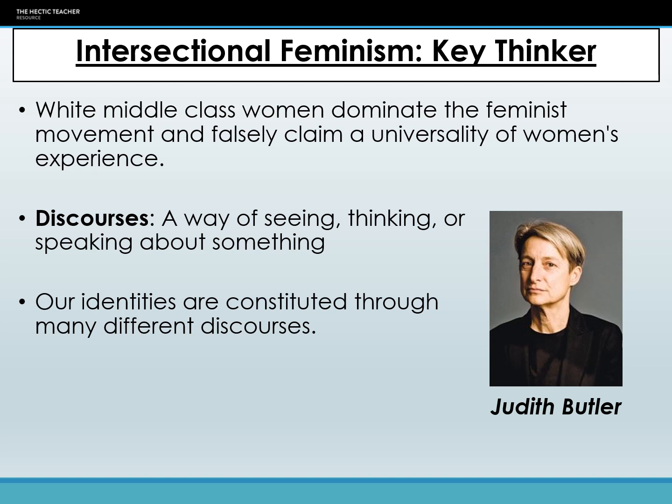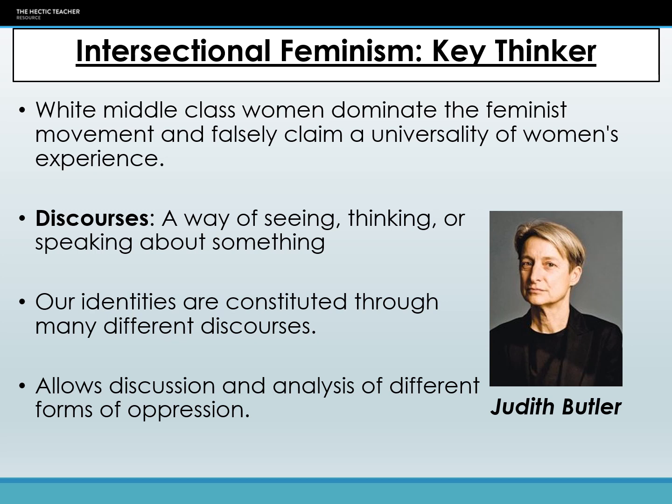And this links into our identities and whether or not we're seeing this discourse through our own identities or through others' identities is really important to determine how we are going to reach equality. And this allows us to analyze and look at different forms of oppression.